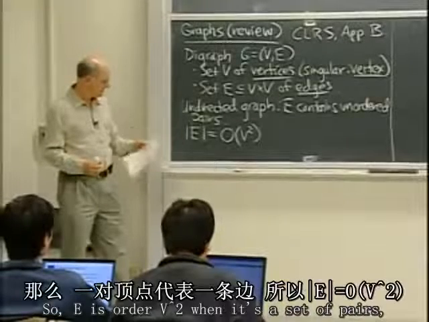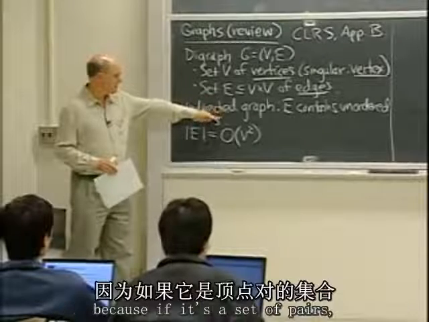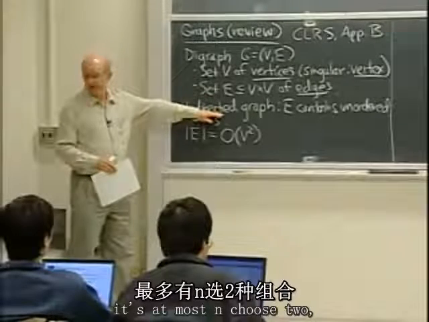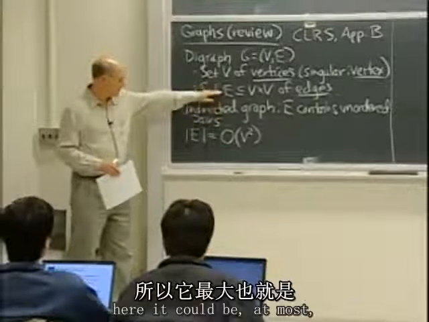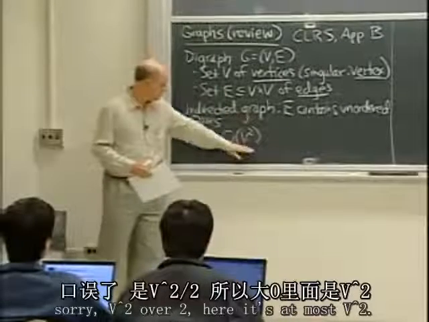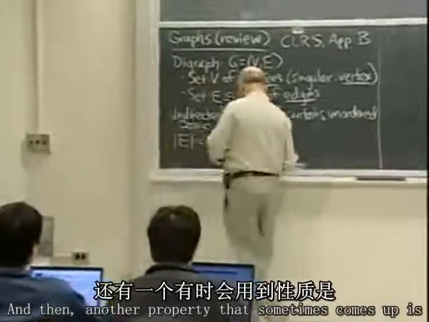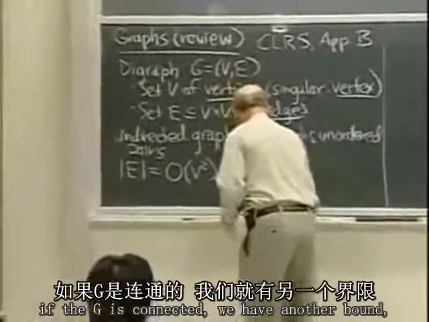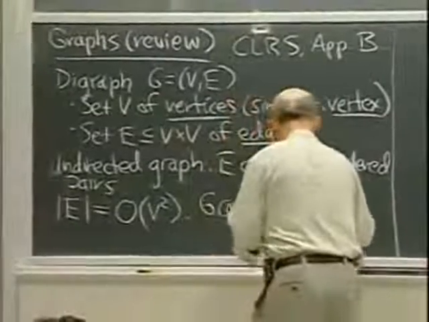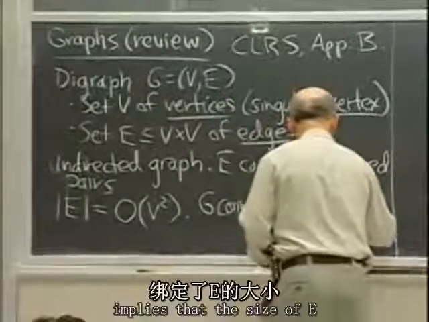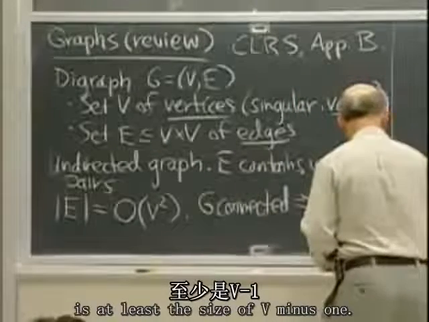So E is order V squared, whether it's a set of pairs, because if it's a set of pairs, it's at most n choose 2, which is at most n squared over 2. Here it could be at most V squared over 2. Here it's at most V squared. And another property that sometimes comes up is if G is connected, we have another bound: the size of E is at least the size of V minus 1.